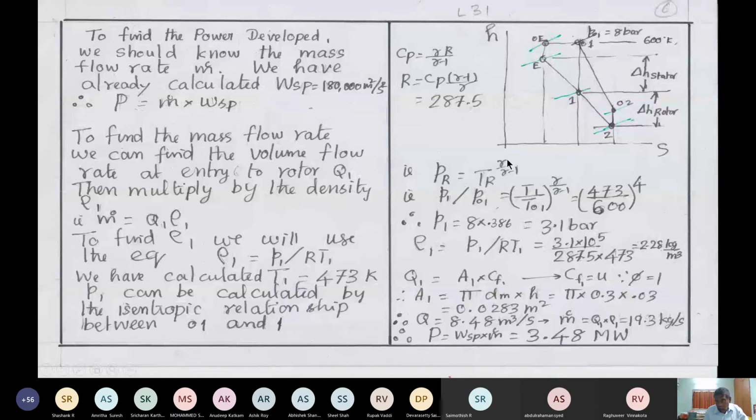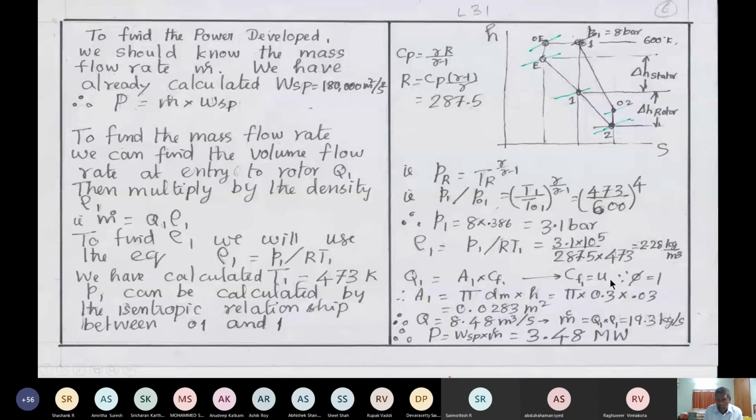So P1 by P01 is equal to T1 by T01 power gamma by gamma minus 1. Of this, P01 is given in the problem, 8 bar. So you can find out P1, which is 3.1 bar. So you calculate ρ1, it comes to 2.28 kg per meter cube.